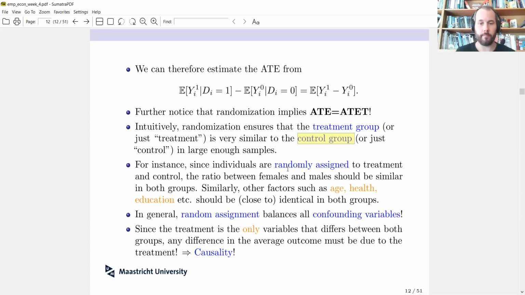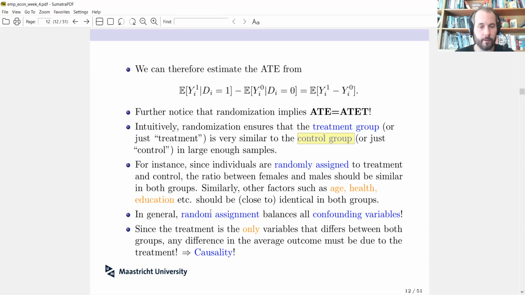If I have a large enough sample, then there should be approximately the same number of females in the treatment and the control. The age structure should also be similar here and here, because each person with each characteristic has the same chance to end up in either of the groups. And if I have enough people, then the structure in both groups will be very similar.